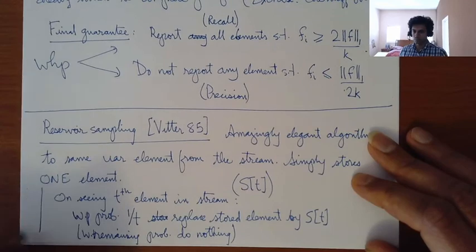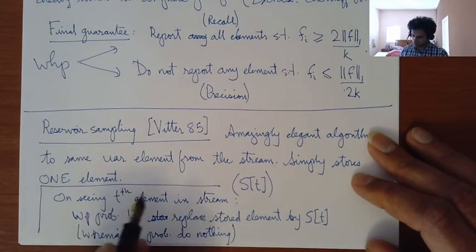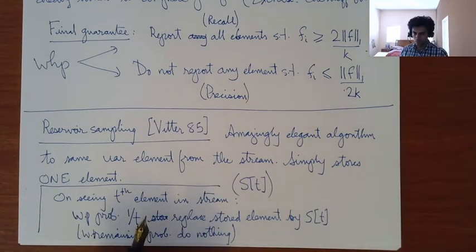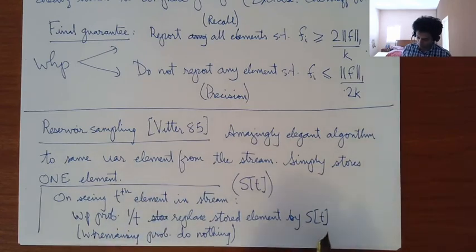So this is it. On seeing the tth element of the stream, you replace whatever you've stored with that tth element. Now with the remaining probability, do nothing. That's the algorithm.